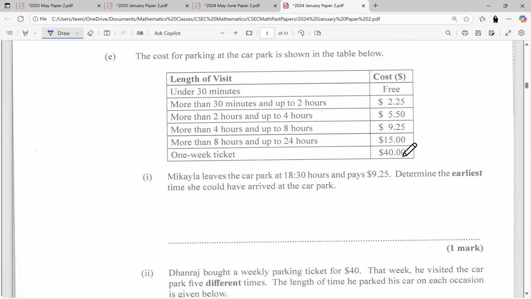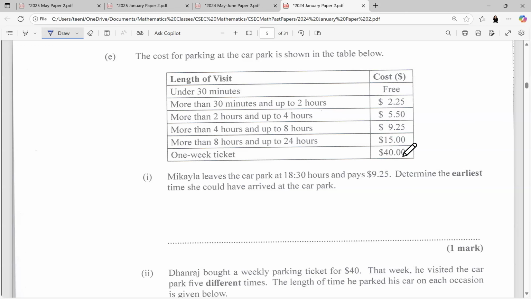All right. So I'm going to ask you all some questions based on this table. I'm starting with you, Joshua. If I spend 1.5 hours, how much money would I have to pay? You will spend $2.25.